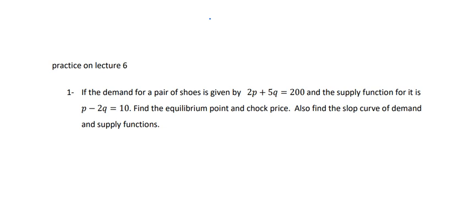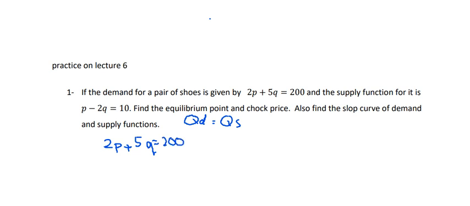Okay, now how to solve this problem? To find the equilibrium point, we say that Q of D is equal to Q of S. QD is the quantity demanded and QS is the quantity supplied. We have the demand 2P plus 5Q equal to 200.